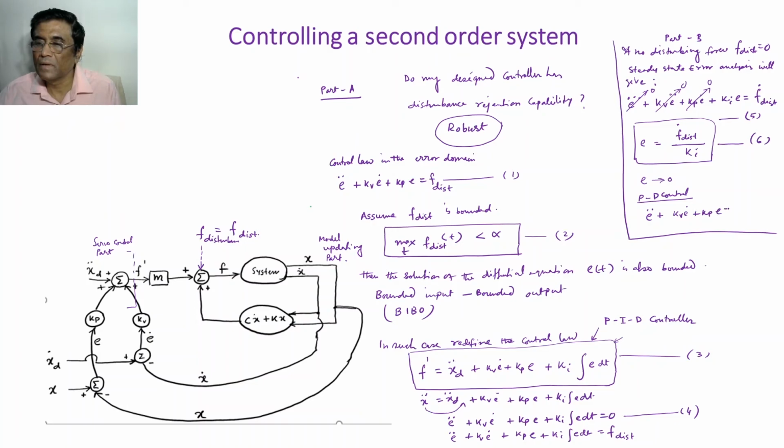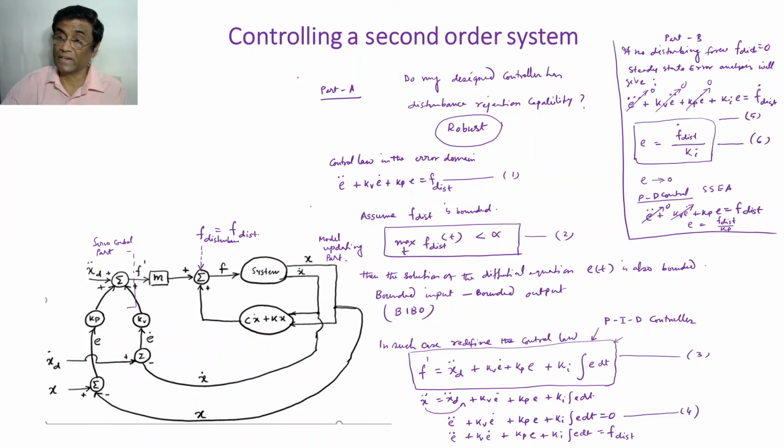Kp e equal to F disturbance. And in the steady state, this is 0, steady state error analysis, short form SSEA. So this is 0, this is 0, and the error becomes your disturbance divided by Kp. So at the most, by increasing Kp, you could minimize error, but in no way could you eliminate error.